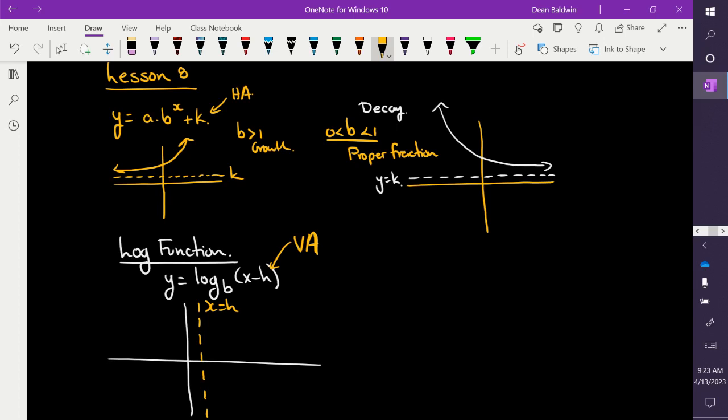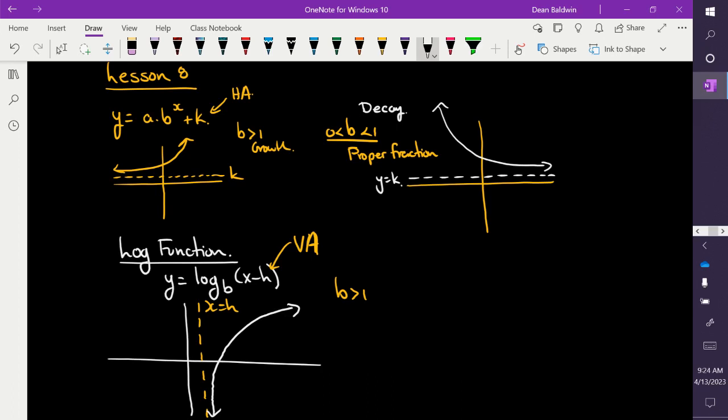The b also tells you if it's growth or decay. Okay? So if your b value is bigger than 1, growth or decay? Growth. So then your graph looks like this. And I'm not putting a k value in because you can't really represent it on a general graph, right?